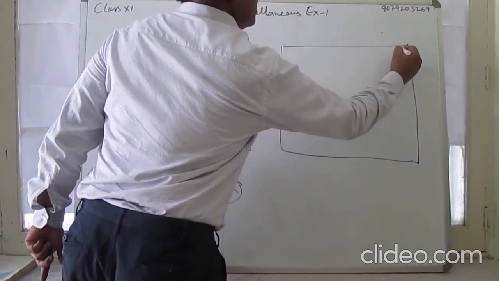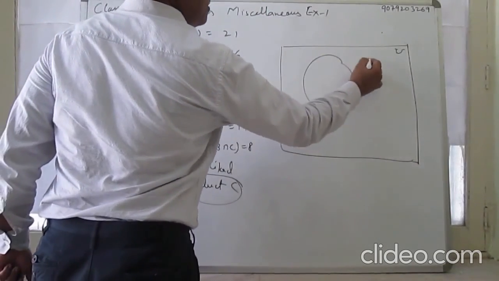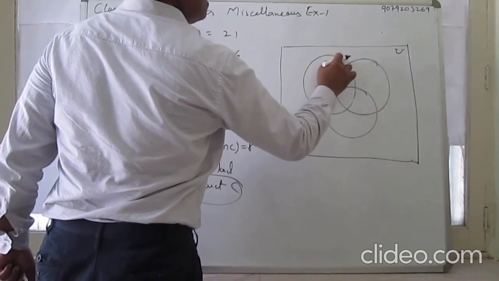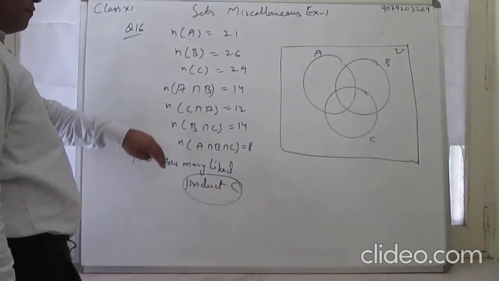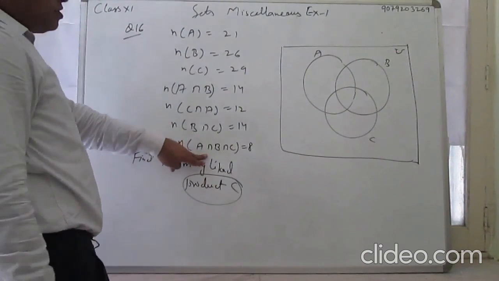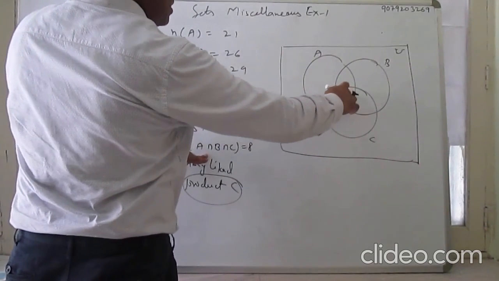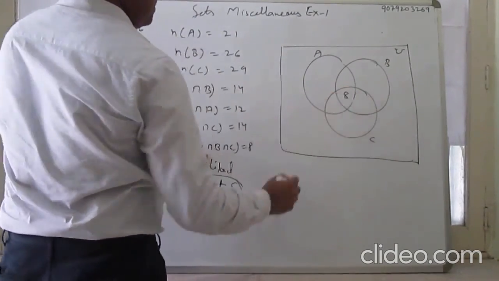This is the universal set. Three products are there: A, B, and C. This is A, this is B, this is C. Start from the intersection of the three common elements. इसमें A भी है, B भी है, C भी है. It is 8.